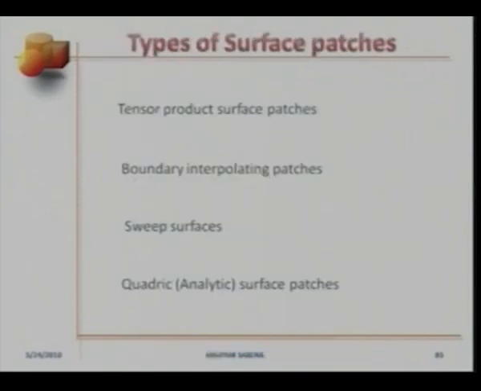We then considered four different kinds of surface patches: tensor product surface patches, boundary interpolating surface patches, sweep surfaces, and quadric or analytic surface patches. Of these, we covered the first two categories in detail.